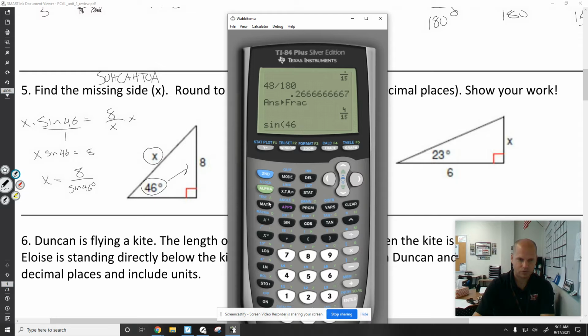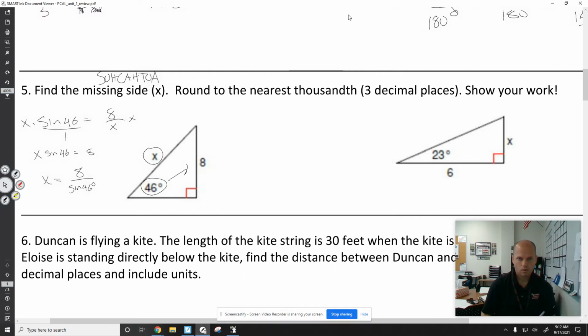It'll be around the circle a bunch of times. So anyways, make sure you're in degree mode. If you're using degrees, 8 divided by the sine of 46 degrees gives us 11.121. Round to 3 decimal places. Okay, so 11.121.